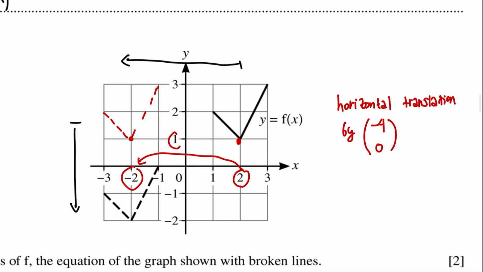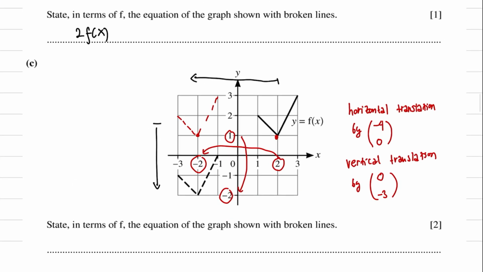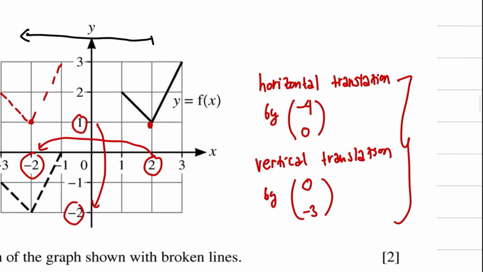This is 1 becomes -2. That means we move it down by 3 units. So we can say it's vertical translation. Vertical means that we put the number here at the bottom, by 3 units down, so it's negative. And then we put 0. So we combine this together into one translation vector. So it becomes -4 and -3.